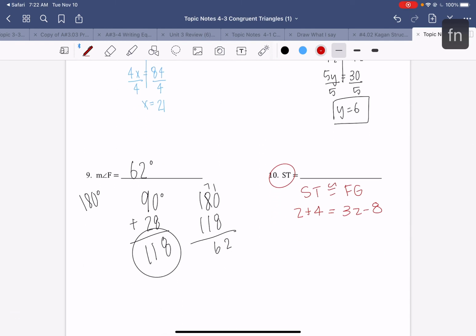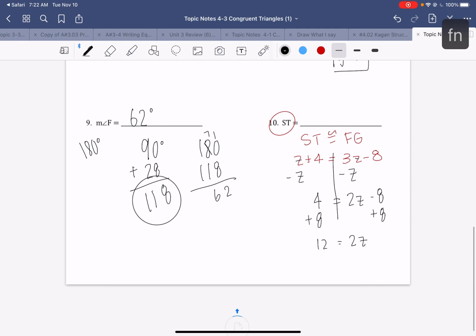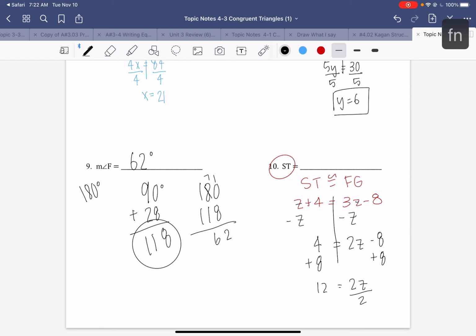Subtract z, and I'm left with 4 equals 2z minus 8. Add 8: 12 equals 2z. Then divide by 2.